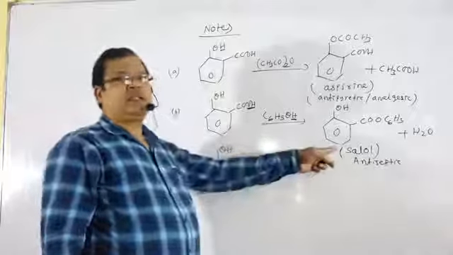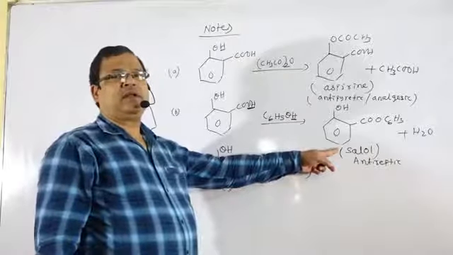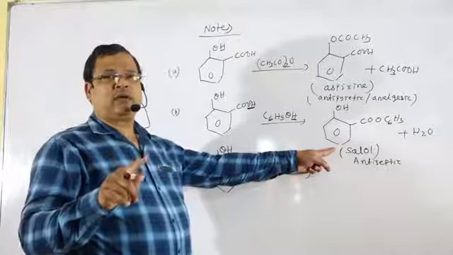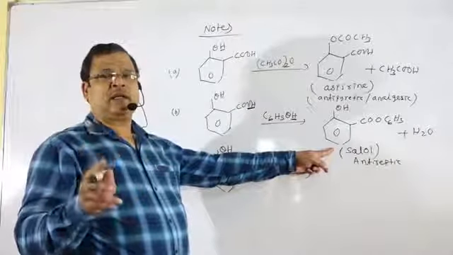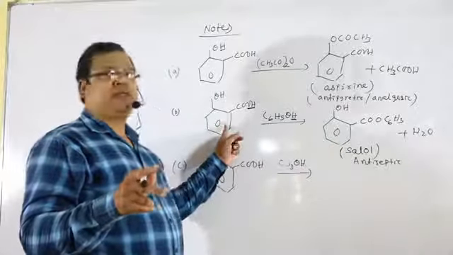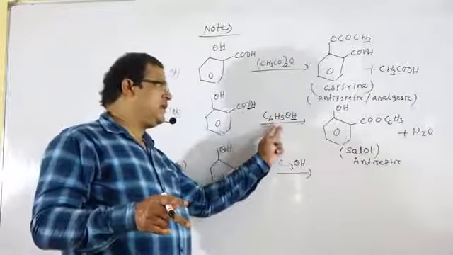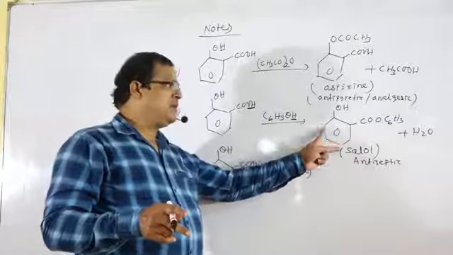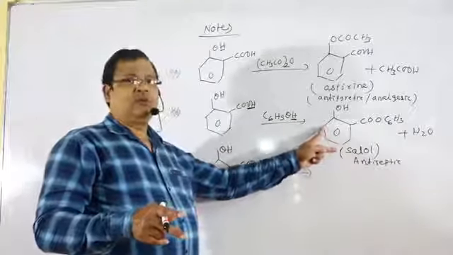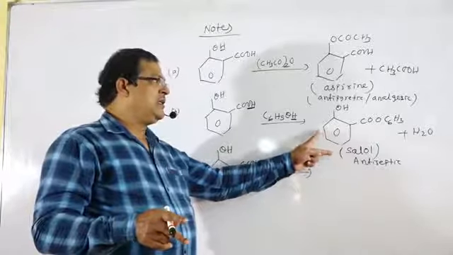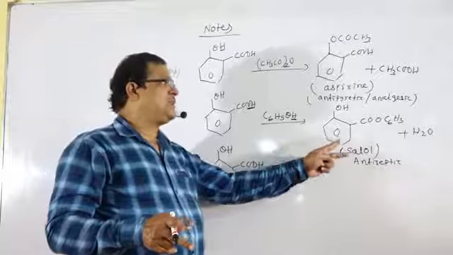So how is salol prepared? Phenol is treated with carbon tetrachloride and NaOH at 343 Kelvin to form ortho-hydroxy acid, and the ortho-hydroxy acid is treated with phenol, forming salol, an antiseptic material. This is phenyl salicylate.